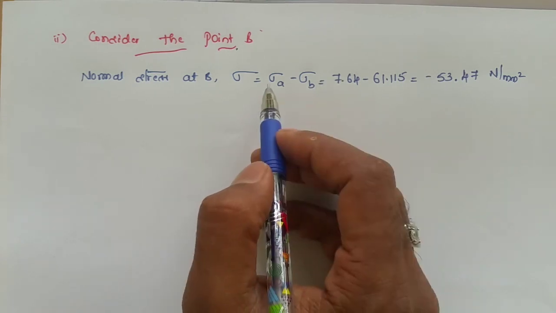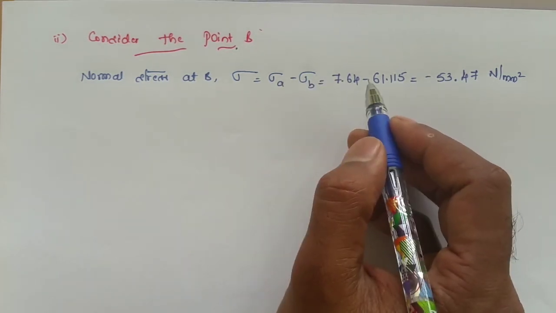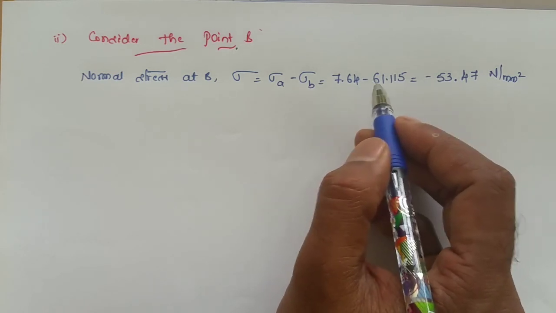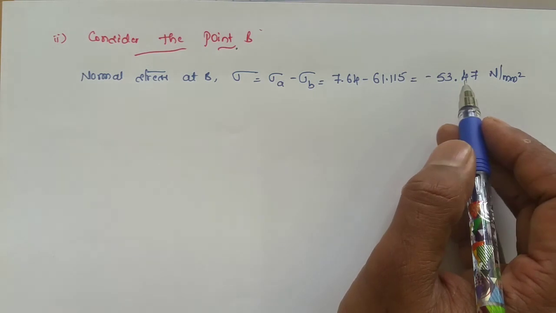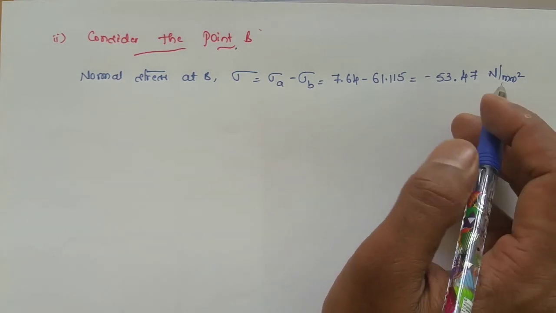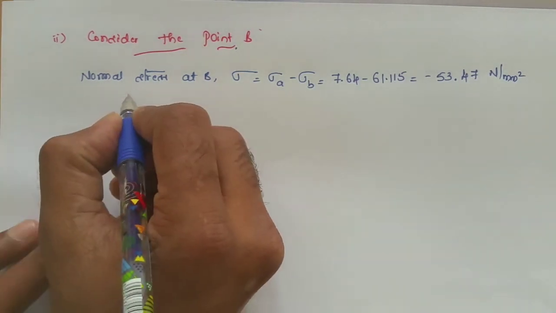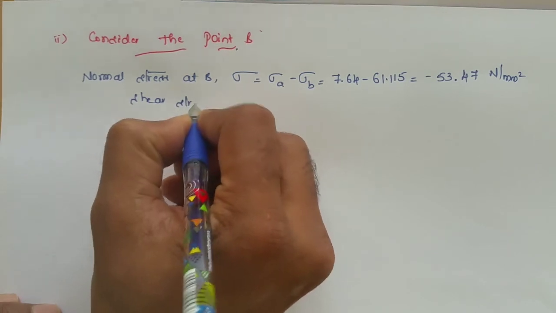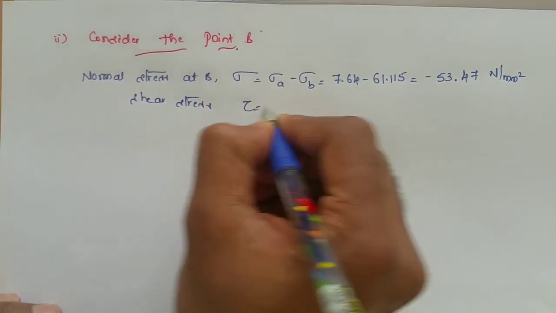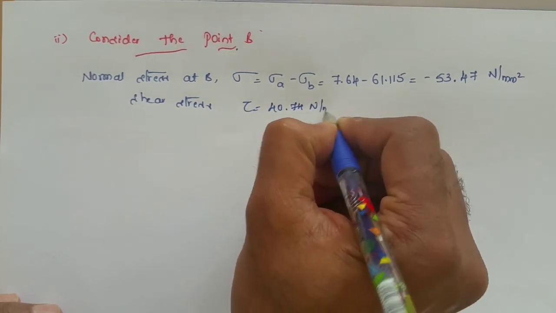Now sigma axial is 7.64 minus sigma bending, which is 61.115, so I am getting a value of around minus 53.47 Newton per mm square. That will be the normal stress. The shear stress remains the same, there is no change in that, so tau is equal to 40.74 Newton per mm square.